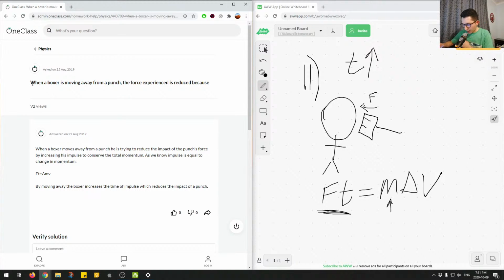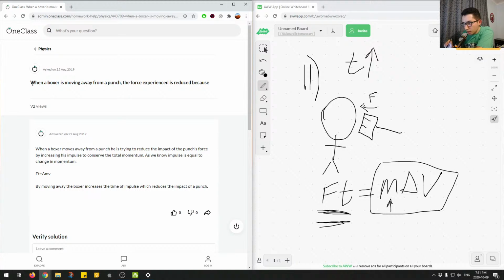And because this is the case, we have to conserve the total momentum. So the law of conservation of total momentum says the total momentum will be conserved. So this side of the equation is constant, and that means this side of the equation has to also be constant.